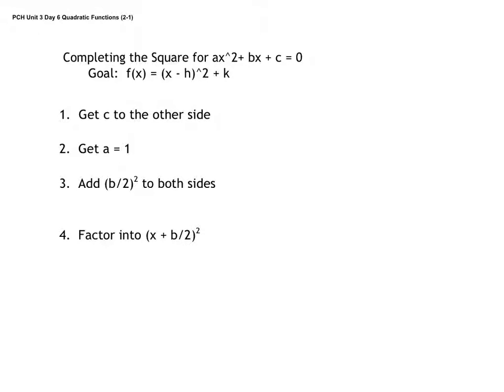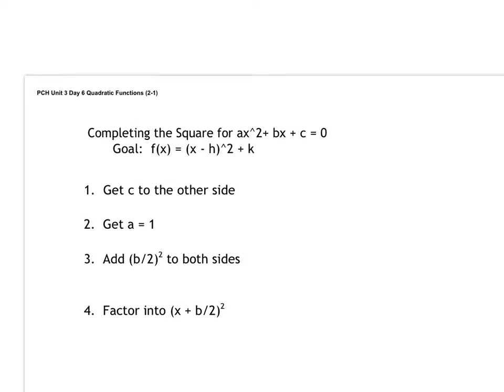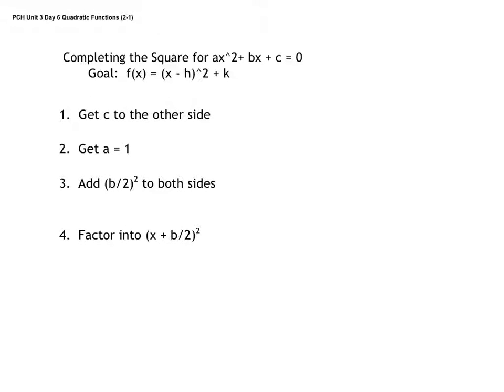The square that we're trying to complete is a trinomial, kind of like x squared plus 6x plus 9. That's a perfect square trinomial because it factors into a binomial squared.